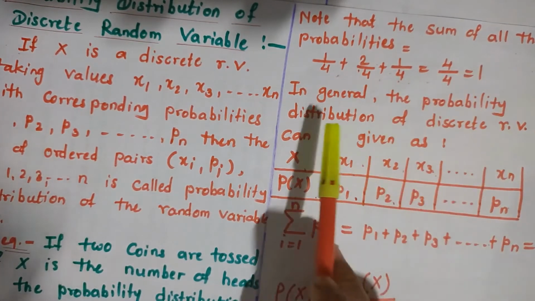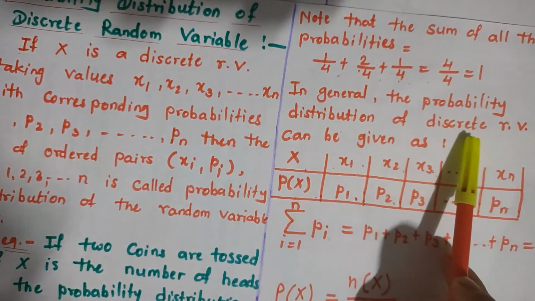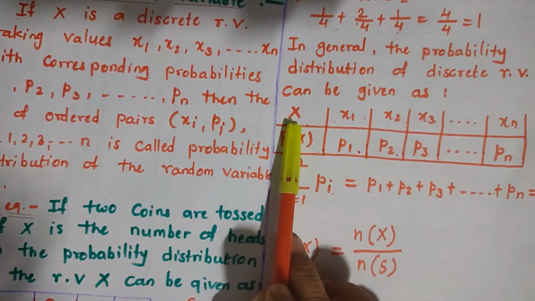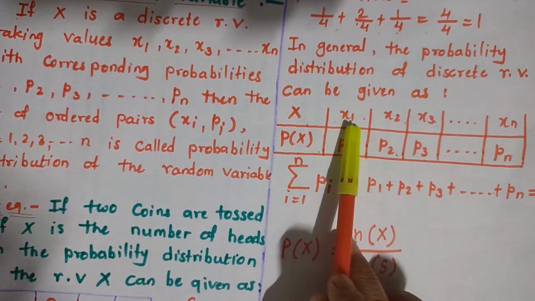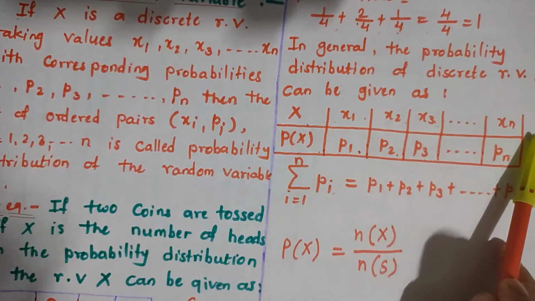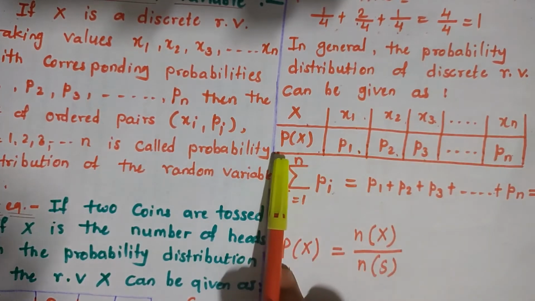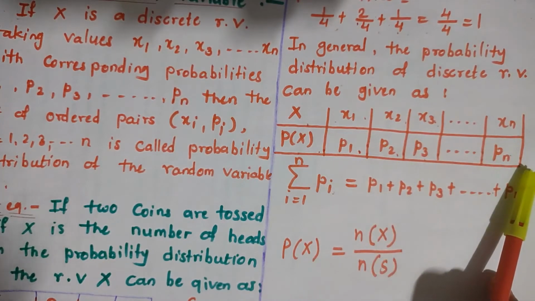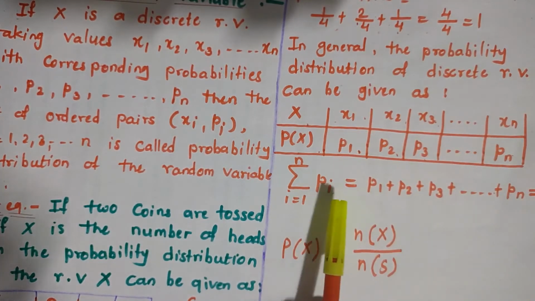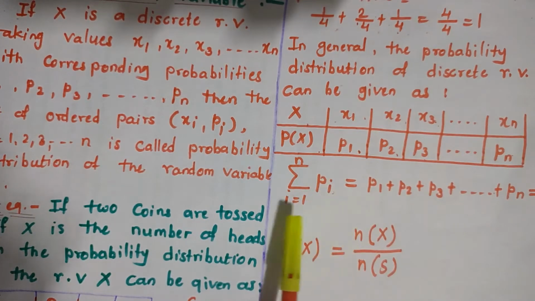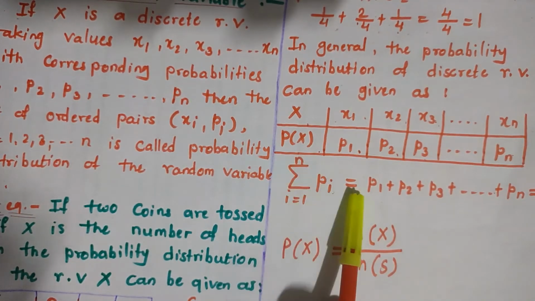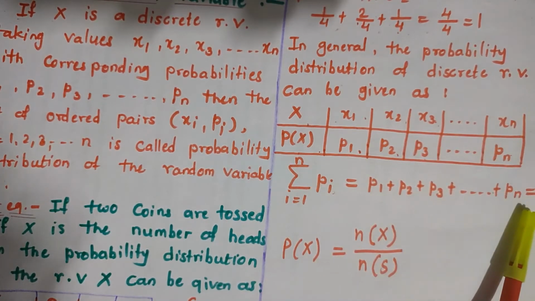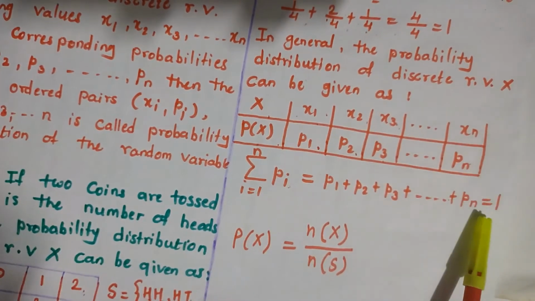That is, the addition of all probabilities is equal to 1. So in general, the probability distribution of a discrete random variable X can be given as the random variable X containing x1, x2, x3 up to xn and their corresponding probabilities P of X being p1, p2, p3 up to pn, and the summation of all probabilities, the sum of pi for i equal to 1 to n, can be written as p1 plus p2 plus p3 up to plus pn is equal to 1.